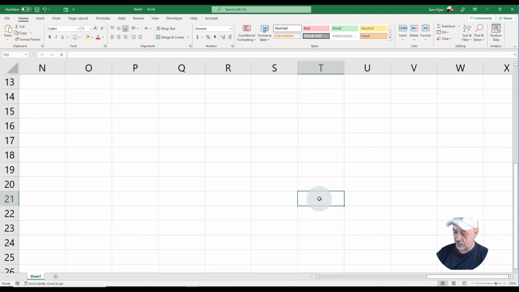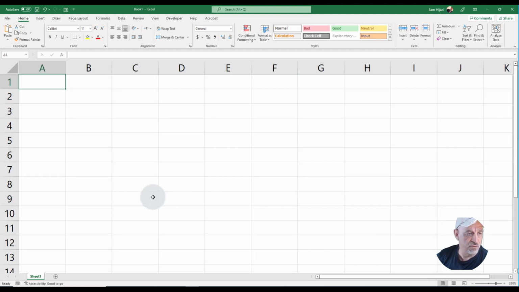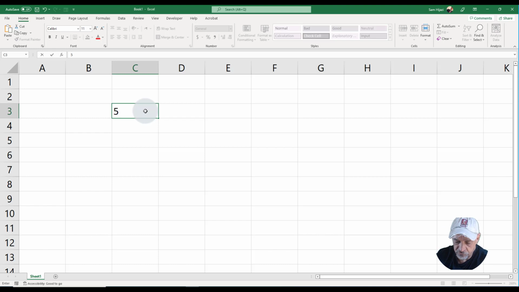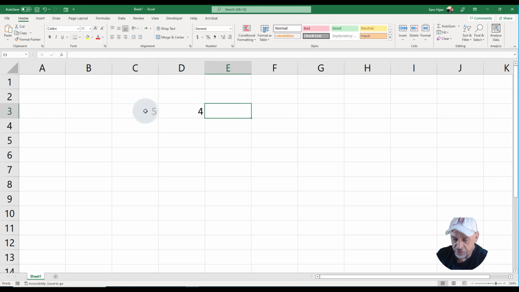I'm going to click anywhere and hit Control Home to go to the first cell in the sheet, which is A1. In the calculation that I'm going to do right now, let's assume somebody has no clue how to use Excel, and I asked this individual to take three values, 5, 4, and 3, and find the average of these three values.